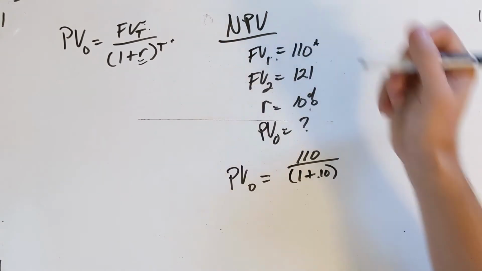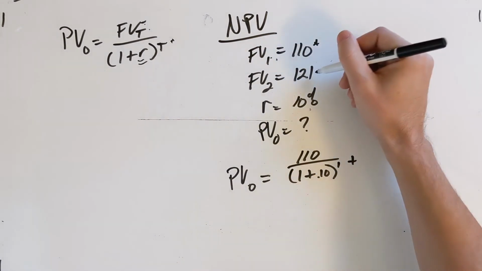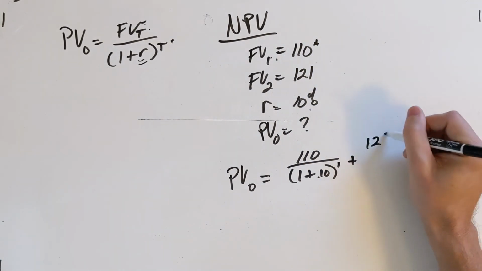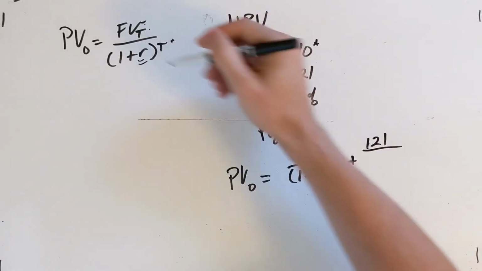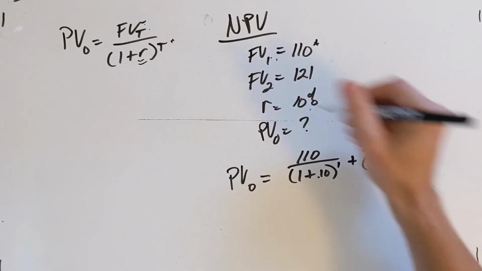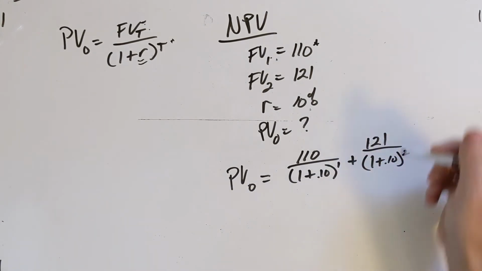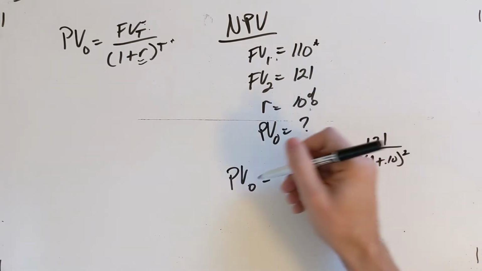Well, this is in year 1, so we raise that to the first power. Plus, here is the next cash flow. We divide by 1 plus R raised to the t power. Well, this is in year 2. There you go. And if we do this, we will know how much this is worth.